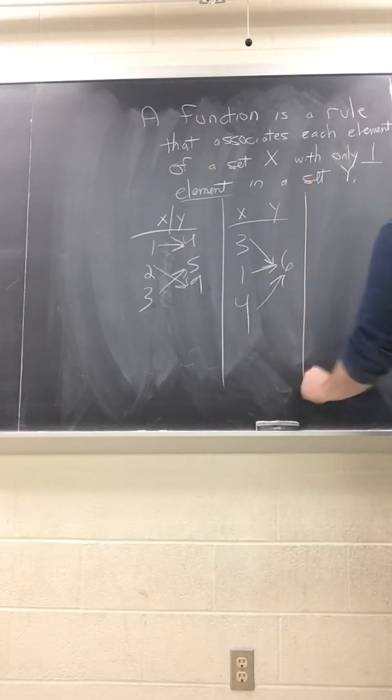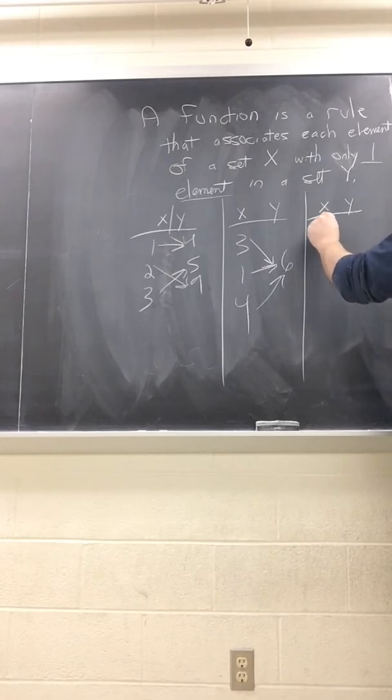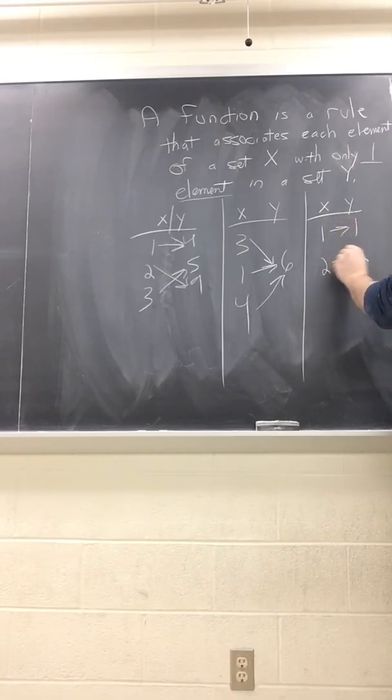One more example. Suppose we have X and Y, and in this case we'll say X is 1, 2, Y is 1, 2, 3, and we'll do something like this. Now, 1 goes to 1, 1 goes to 3, and 2 goes to 2. Is that a function?